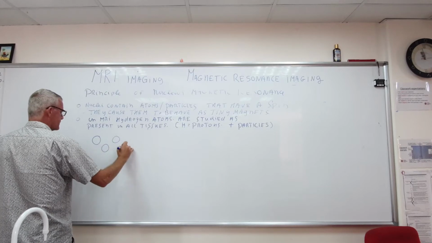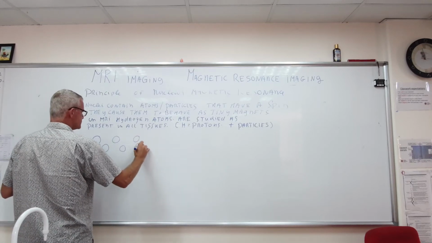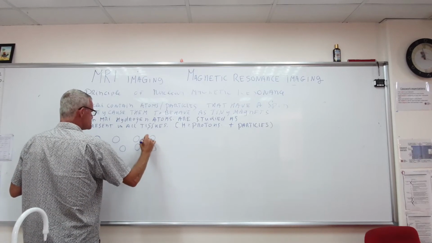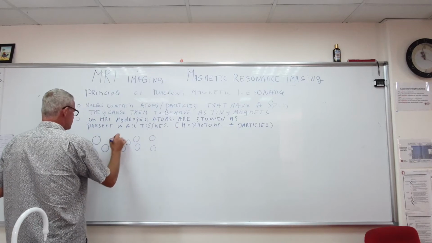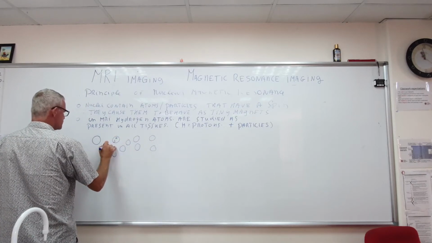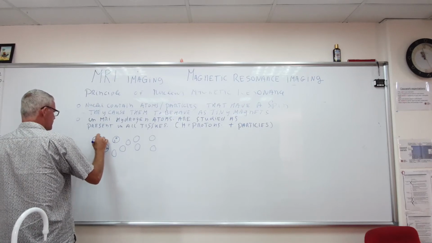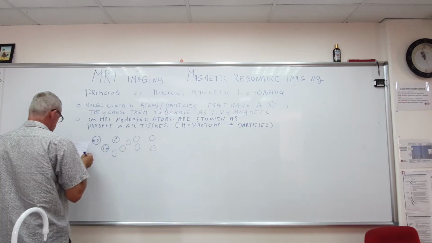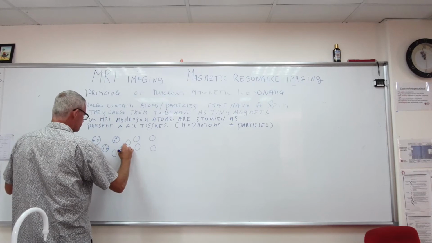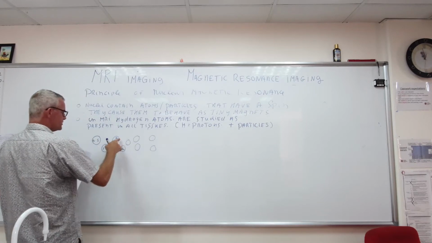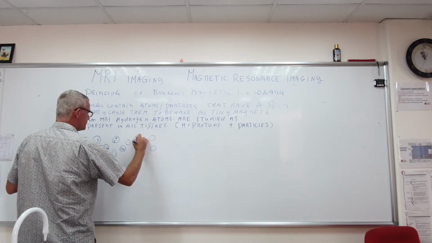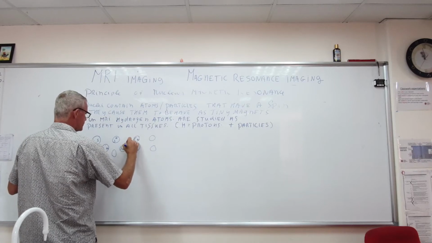So let's see how that looks. We have some hydrogen atoms in tissue randomly, and because they are spinning around, they behave like magnets. Yeah, North Pole, South Pole, randomly distributed.